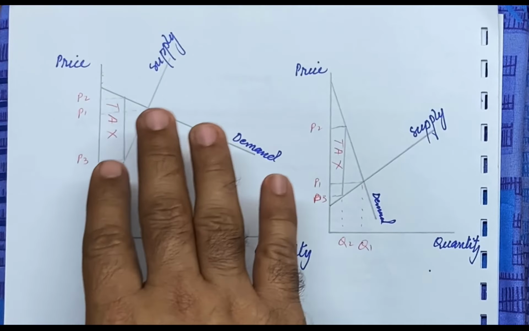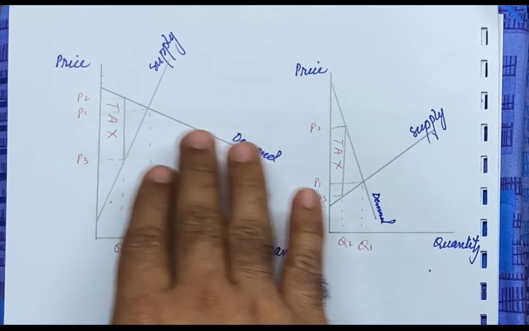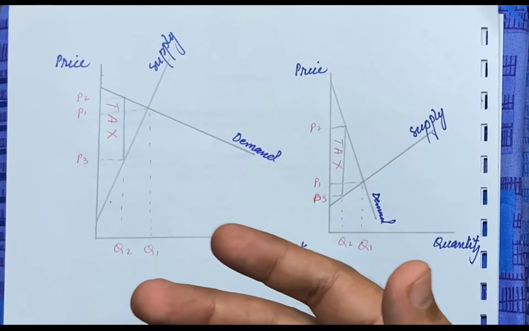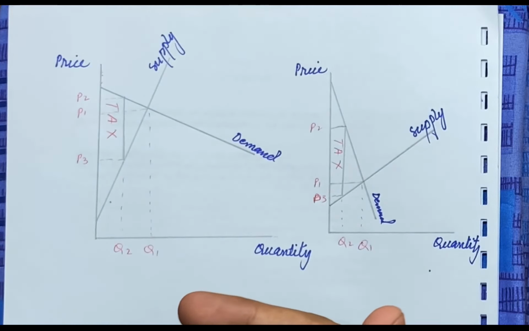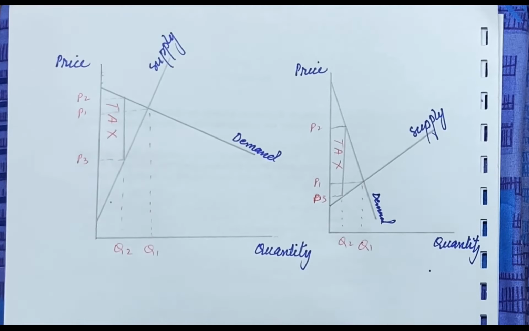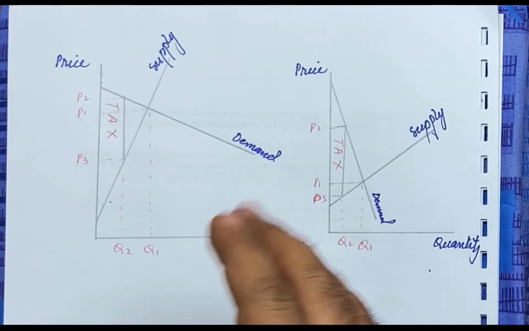So when supply is inelastic and demand is more elastic, this is like any vegetable market where producers have to sell those vegetables, otherwise, there is no long-term expiry of those vegetables, so they have to sell.